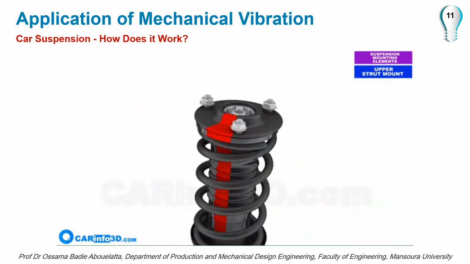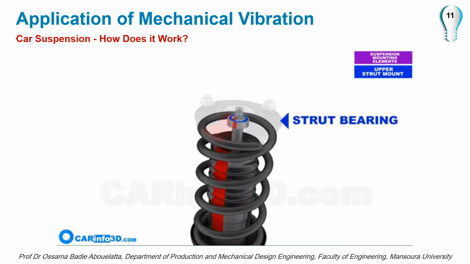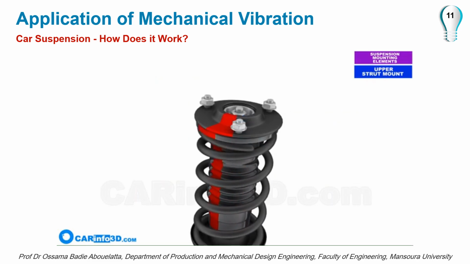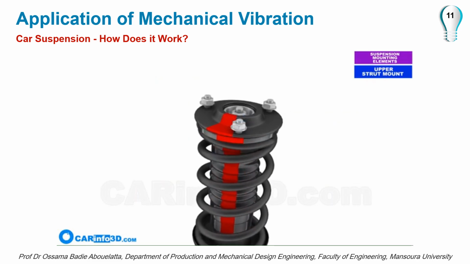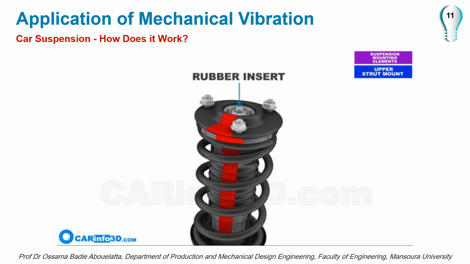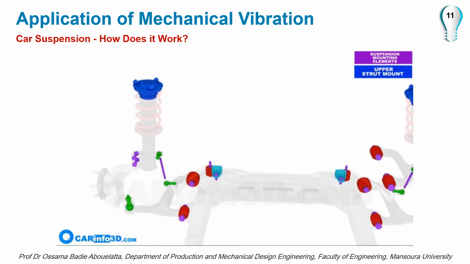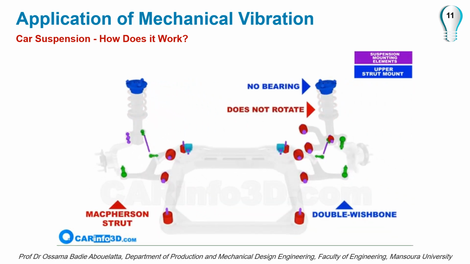The rotation is made possible thanks to the bearing, known as the strut bearing. To contain minor movements of the shock absorber and reduce vibrations, the strut mount also uses rubber joints, which are similar to rubber bushings. Other front suspension systems may look similar, but they might not include a shock absorber that can rotate, and the upper mount will then lack the strut bearing.